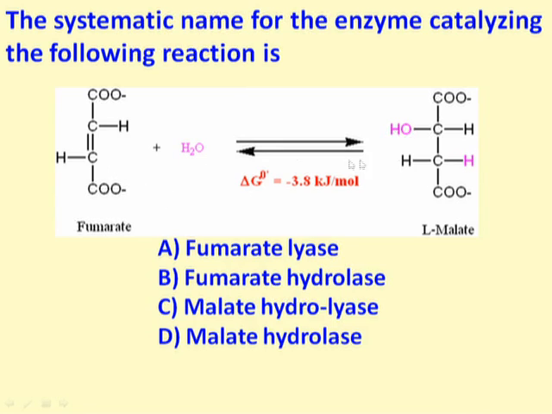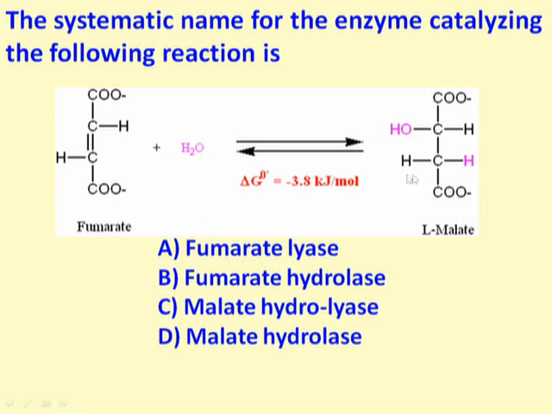If we look closely at this reaction, a group is removed from malate. That group is a water molecule, and what results in the residual molecule is a double bond between the two carbons to give rise to fumarate.